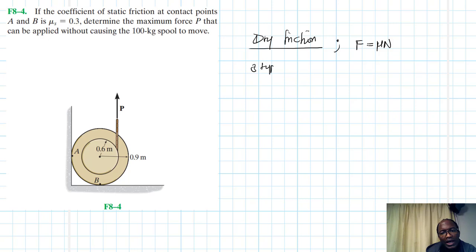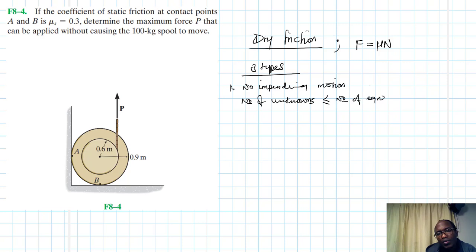In all the problems we're going to be dealing with in this particular chapter, they are going to be of three types of dry friction problems. The first one is where we are experiencing no impending motion. By this we mean the number of unknowns are less than or equal to the number of equations of equilibrium.